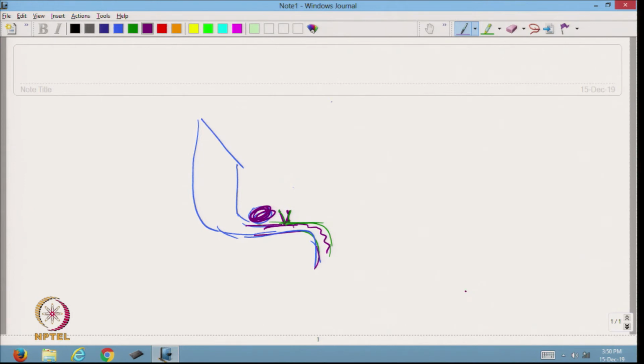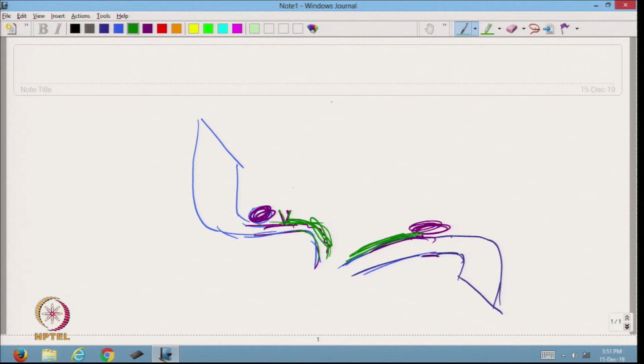Another film, suppose I am drawing this one with the dark blue color, is coming where again the resin is being applied on the other side, and in between two layers, this side is resin impregnated.